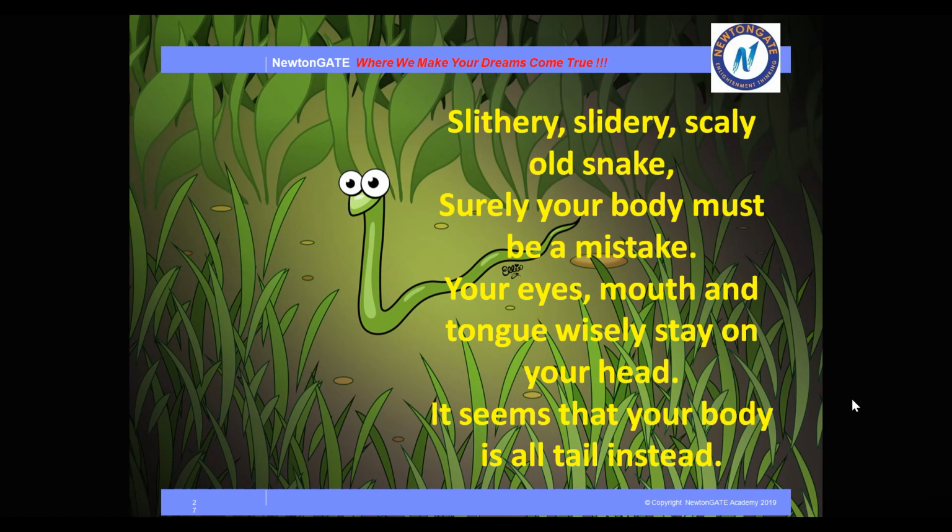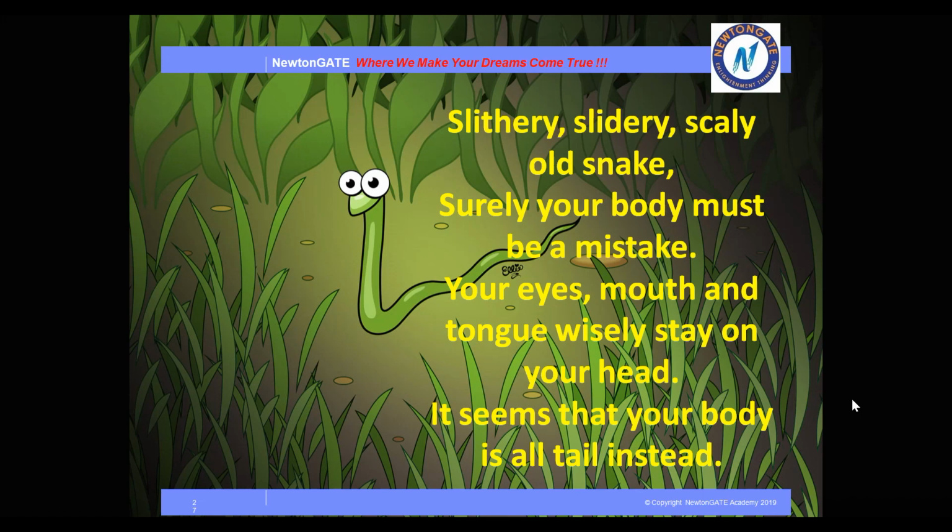Slithery, slidery, scaly old snake, surely your body must be a mistake. Your eyes, mouth and tongue wisely stay on your head. It seems that your body is all tail instead. So this is again a very easy poem, and I think all of you got it correct.